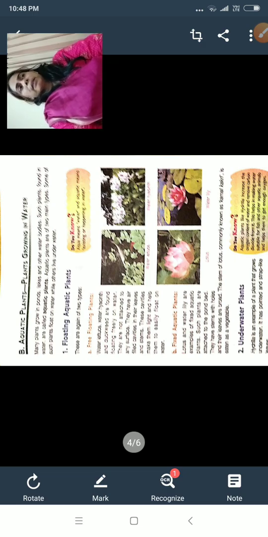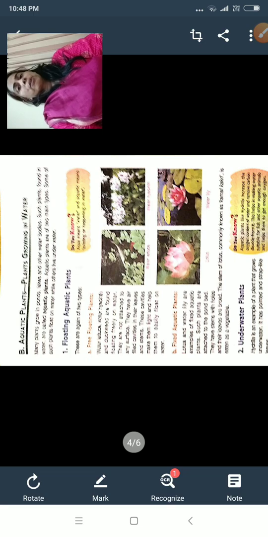Aqua means water, and aquatic means existing or happening in water.